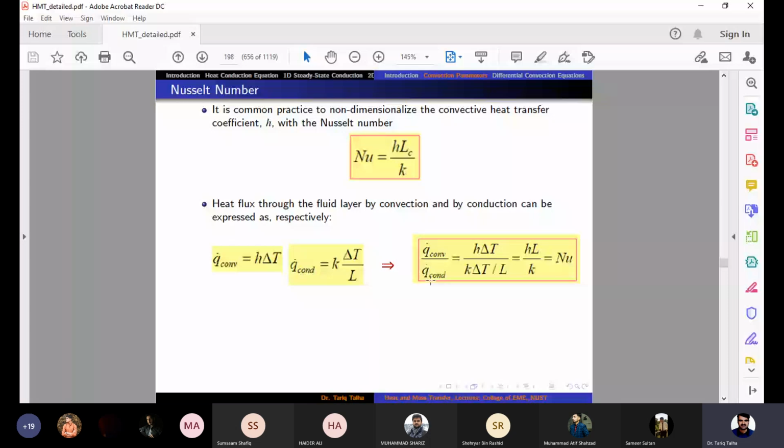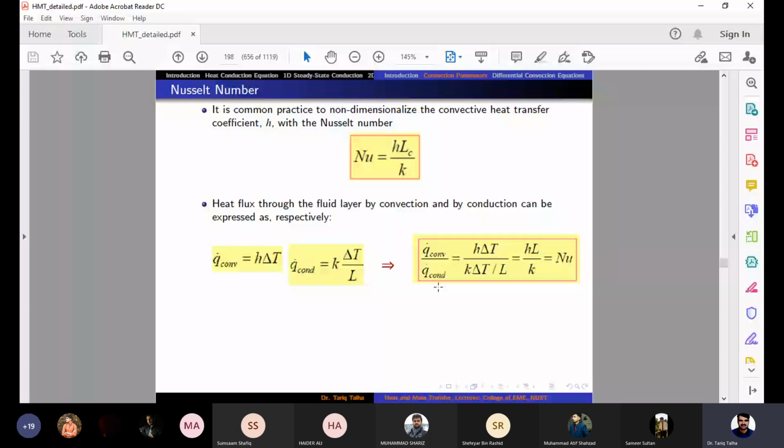Okay, now tell me one thing. Is there any possibility that there is only conduction within the fluid, no convection? Because that is the case when Nusselt number would be equal to 1. Right?